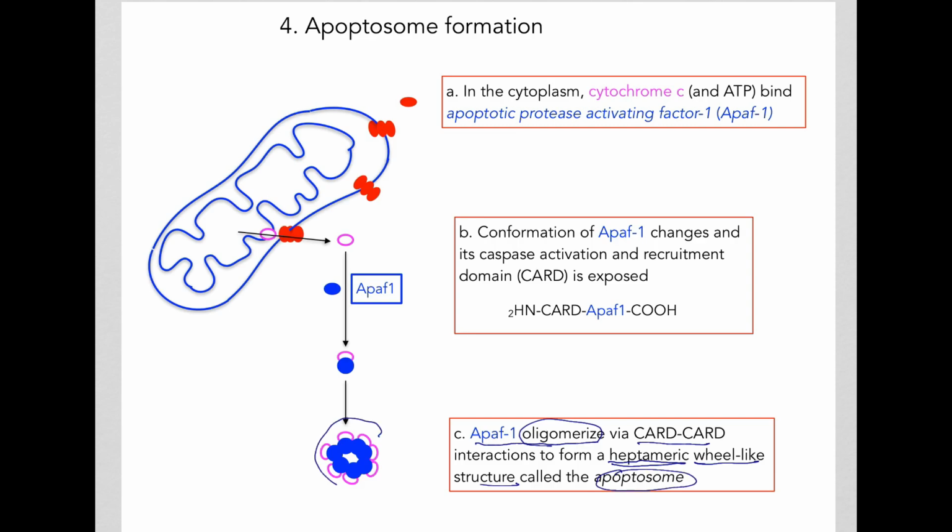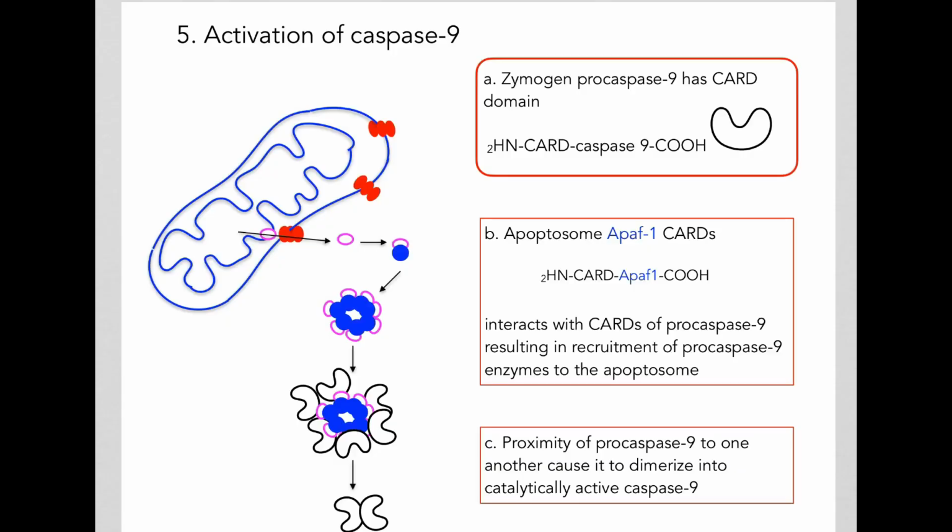So now we see this structure made up of APAF as well as cytochrome C, called the apoptosome.